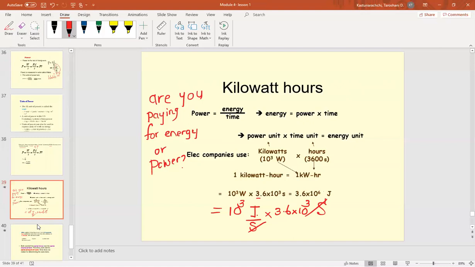So 1 kilowatt hour means 3.6 times 10 to the power 6 joules. Joules means energy, therefore you're not paying for power, you're paying for energy.